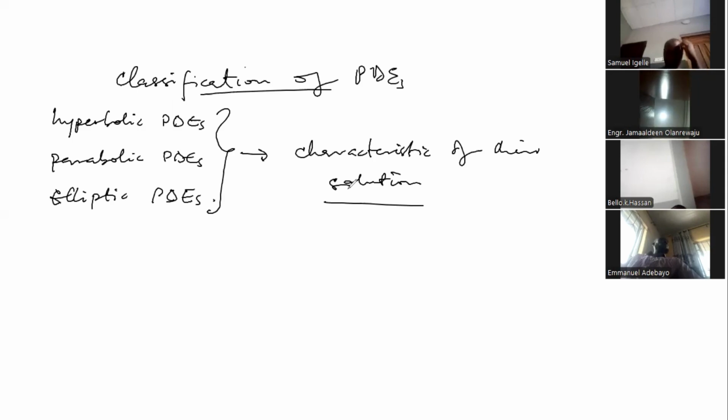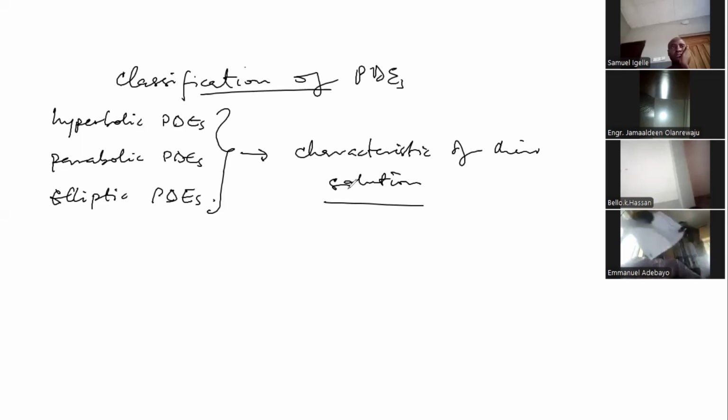So in solving that characteristic equation, whether it's a quadratic equation, a second order equation, or better still, a third order or nth order equation, the solution to that characteristic equation will tell us what type of partial differential equation it may be.